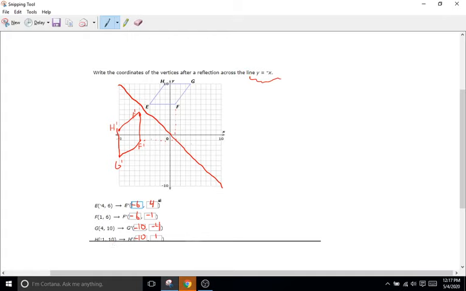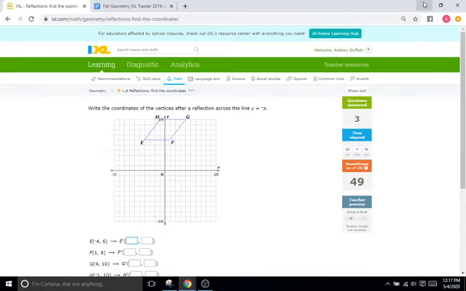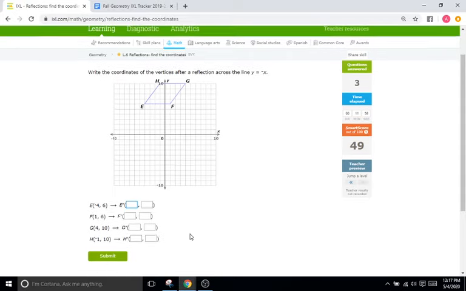So that's another general rule, a shortcut you can use for y equals negative x. And there's a rule for y equals x as well. You just switch them without changing the signs. So we'll go over here. We'll type it in. And without even looking at what we just did, we know that we can just switch them and change the sign.